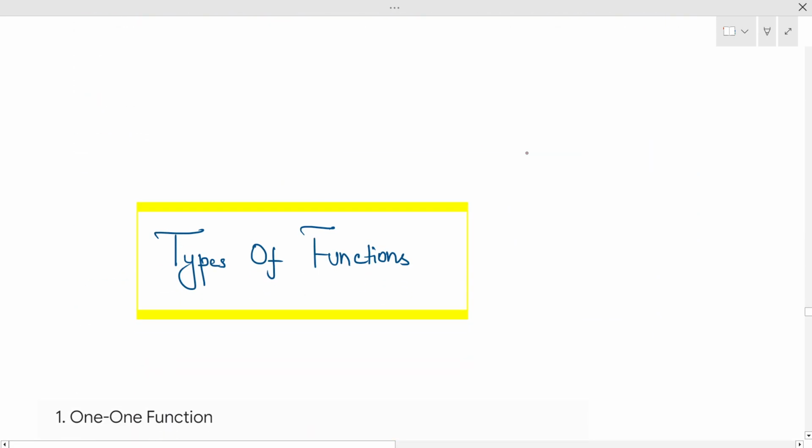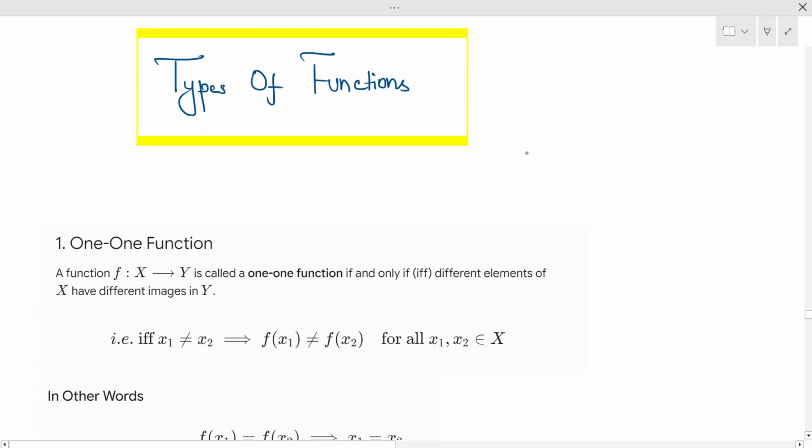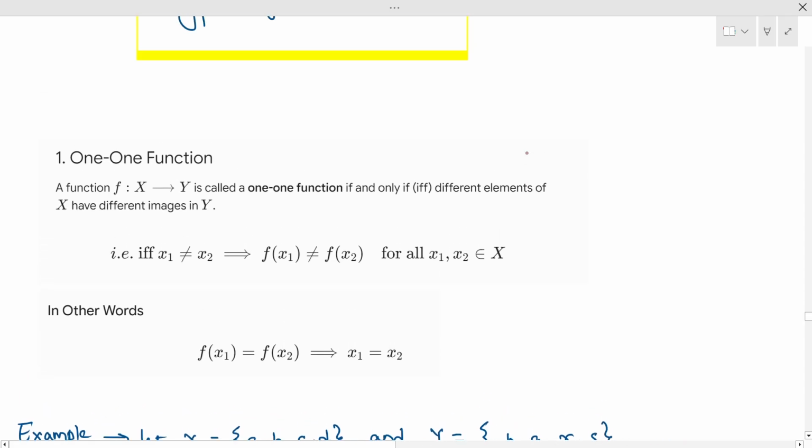Now we will discuss types of functions. The very first type is the 1-1 function. What does it mean? Let's see. We have defined a function f from x to y. The domain is x, the codomain is y. It is called a 1-1 function if and only if different elements of x have different images in y.